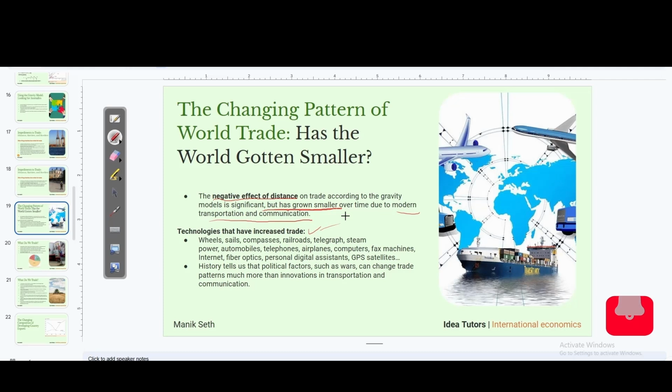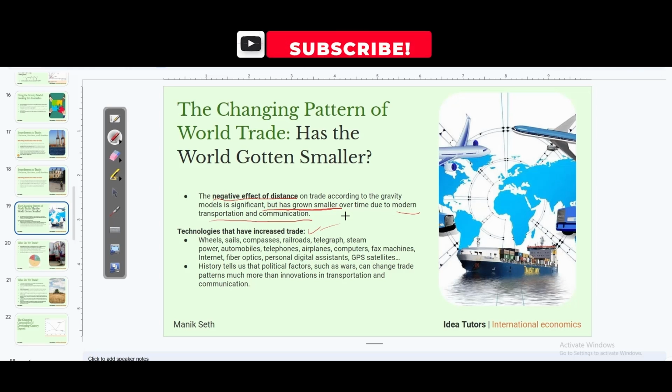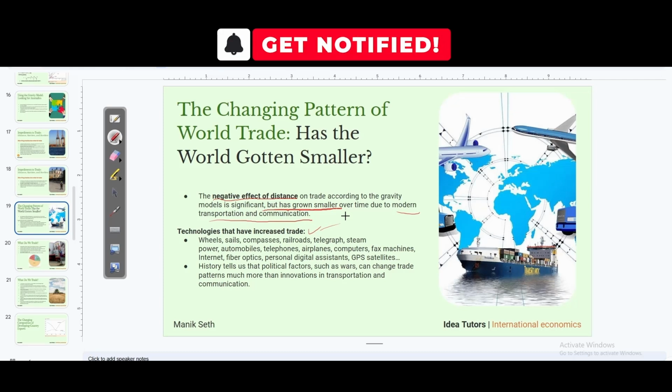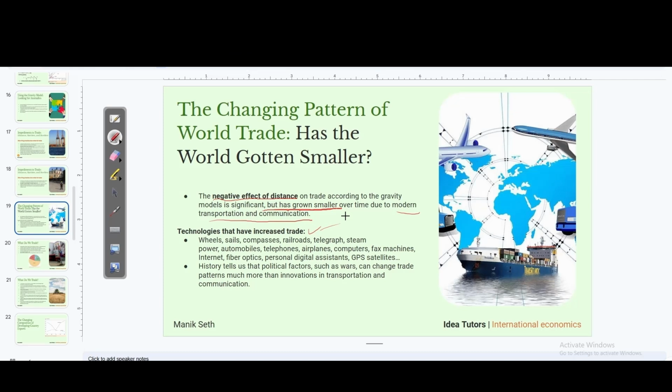E-commerce has also helped in developing trade. And if you look into history, it tells us that political factors such as wars can change trade patterns much more than innovation in transportation and communication. So wars have a more significant, stronger impact on trade.